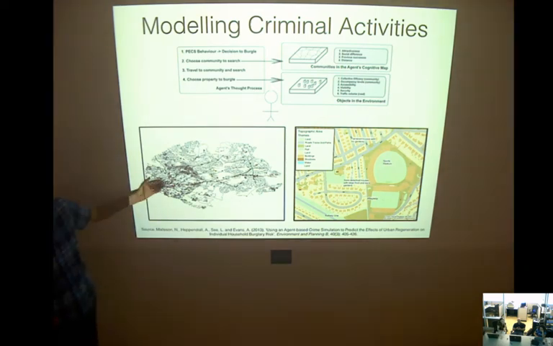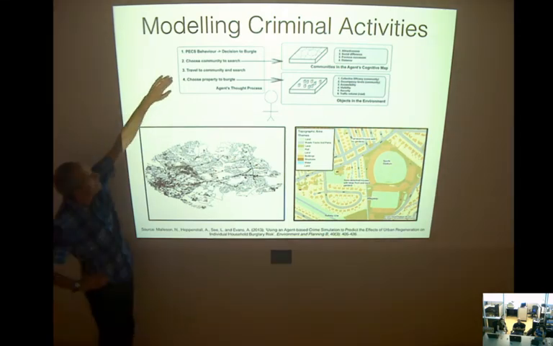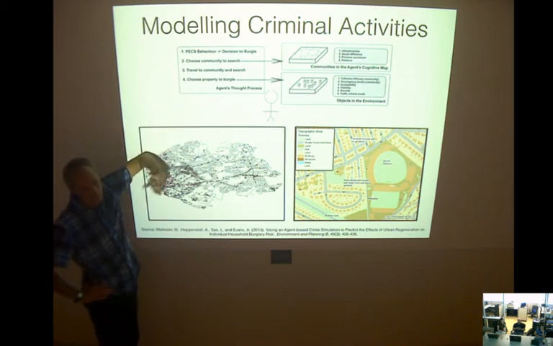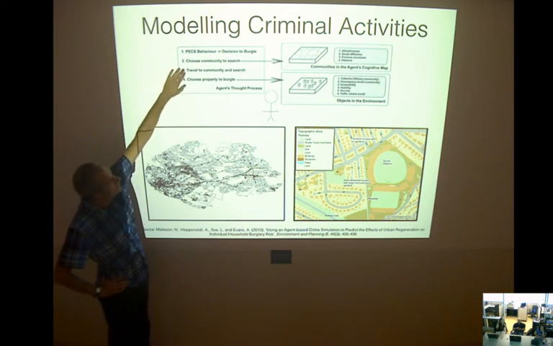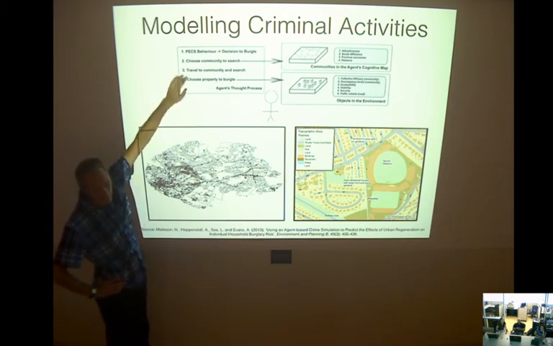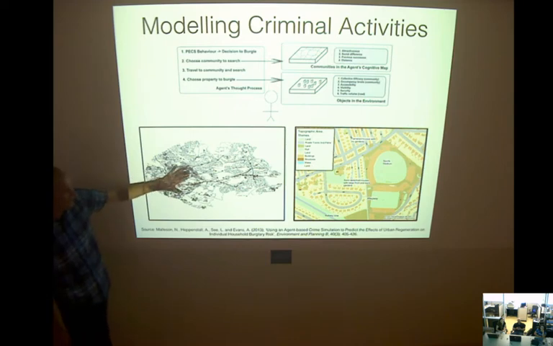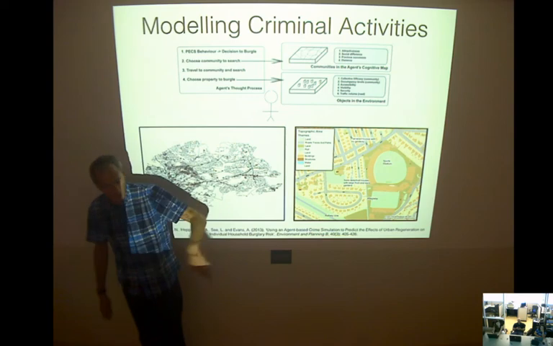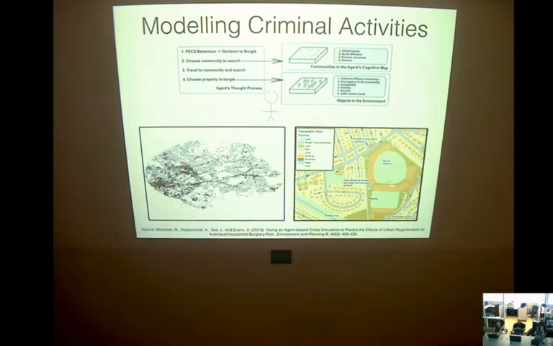He knows about travel patterns, about people moving through this, and then the decision making is like, do I need to burgle? Do I have enough resources, i.e., enough money to buy drugs or whatnot? Where do I want to burgle? How do I travel there? How do I walk around that neighborhood? And then choose a certain burgle target to burgle. So this is the data he has to help understand movement of people through the environment, footpaths and things like that, where the houses are.